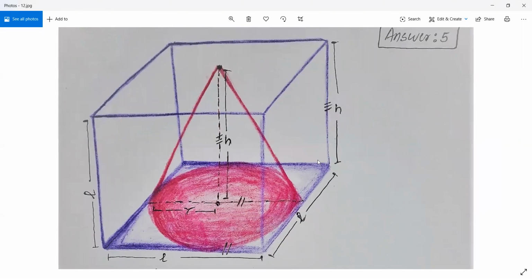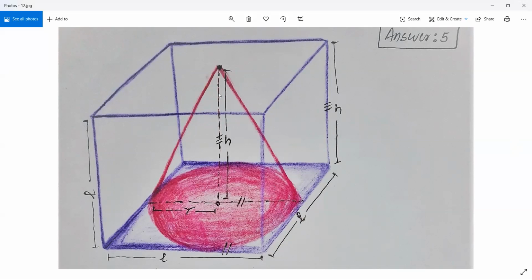Another thing is that the top point of the cone lies totally on the top face of the cube, right?